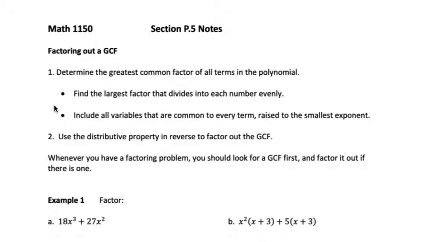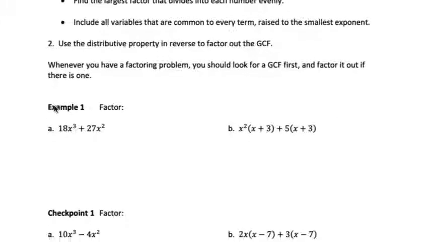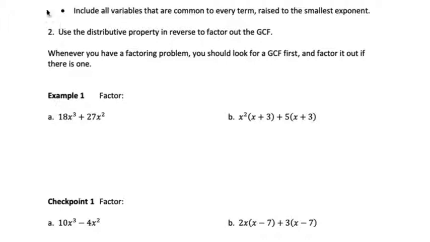So looking at example 1, the first problem is asking us to factor 18x to the third plus 27x squared. So first I need to think about what number both 18 and 27 can be divided by, and what is the largest number that both can be divided by.